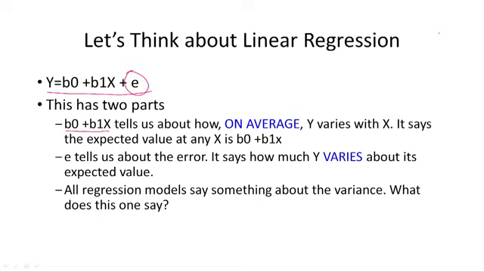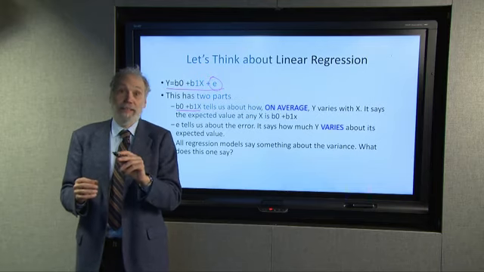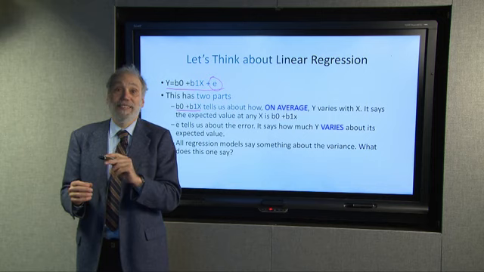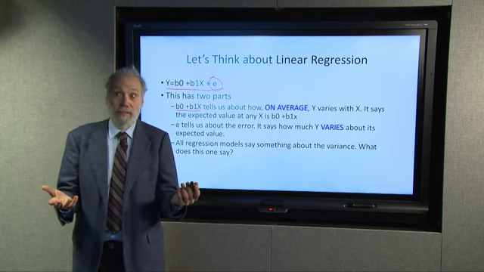And you could have a lot of variance around the expected value or not so much variance around the expected value, depending on the R squared of your model. So all regression models also say something about the variance. They all have to make an assumption about the variance in order for you to fit the model.